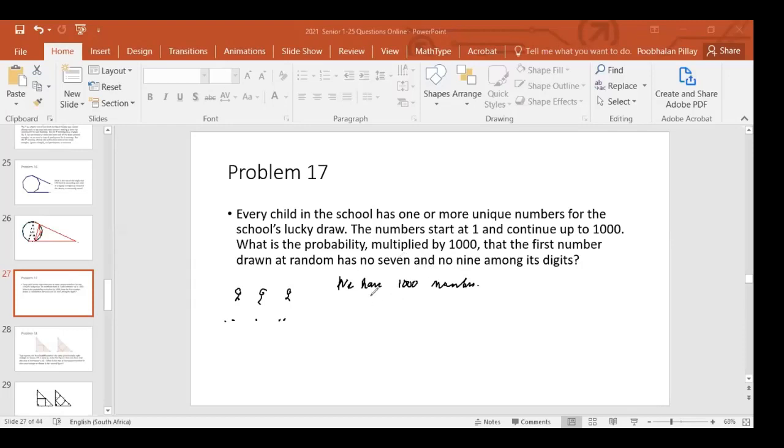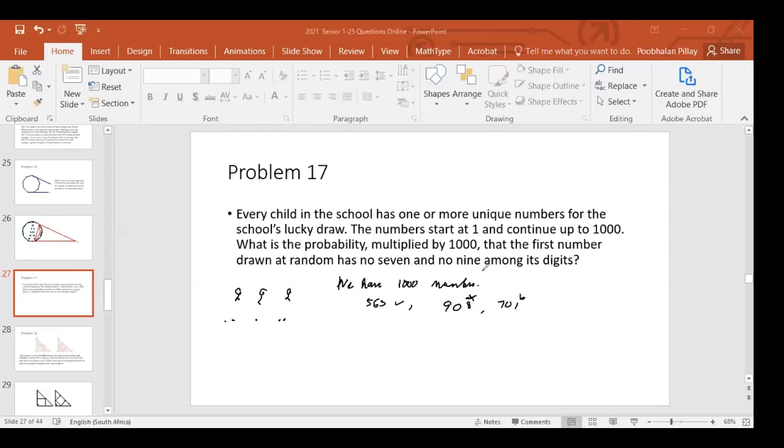So in other words, you can have 565, that's accepted, or 908 is accepted, but 701 is not accepted. Right? And also, no 9, so this is not accepted as well. So the two numbers which are excluded are 7 and 9.